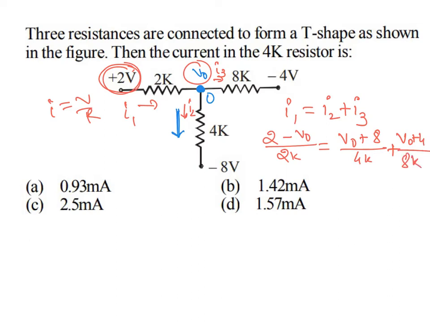Now you have to solve for V naught. If you solve this, you will get V naught equal to minus 12 divided by 7 volt.